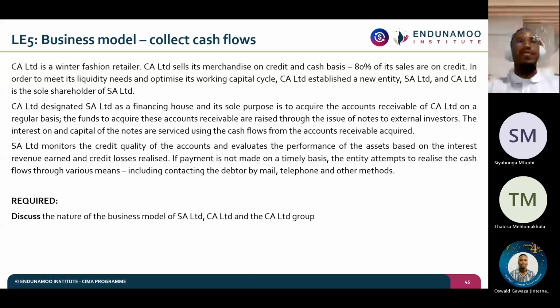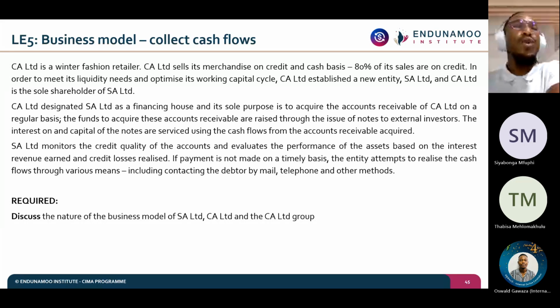Lecture example number 5. It says to us, CA Limited is a winter fashion retailer. CA Limited sells merchandise on credit and on a cash basis. 80% of its sales are on credit, meaning 20% of its sales are cash sales.